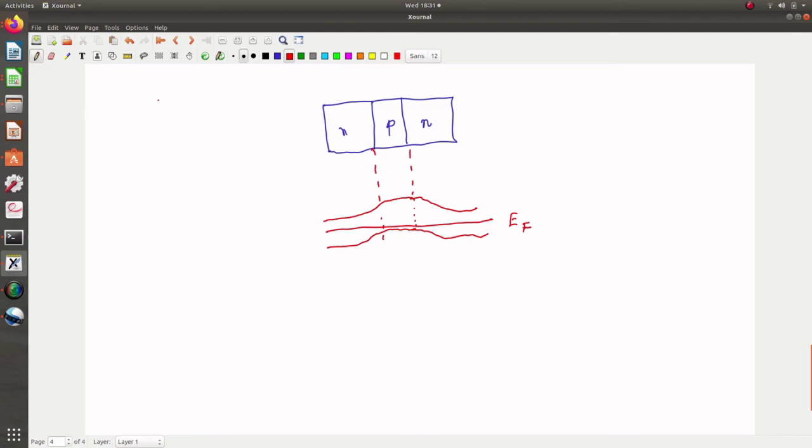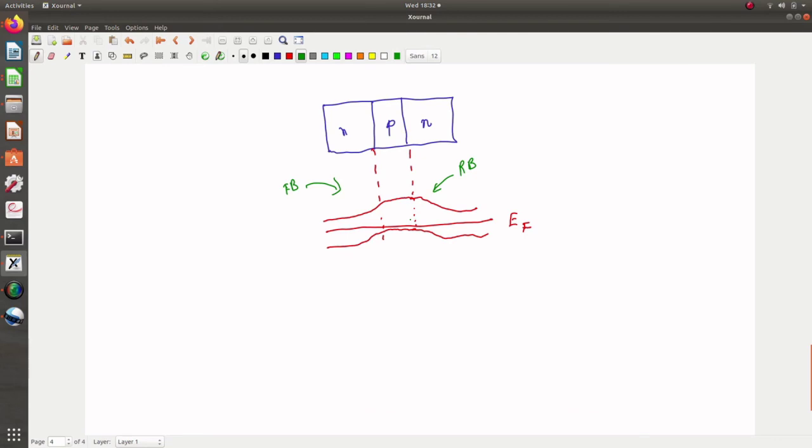Now, in order to make this transistor work as an amplifier, this junction has to be forward biased and this junction reverse biased. As you know from our previous discussion on the PN junction, on reverse biasing the depletion region or the potential barrier increases.